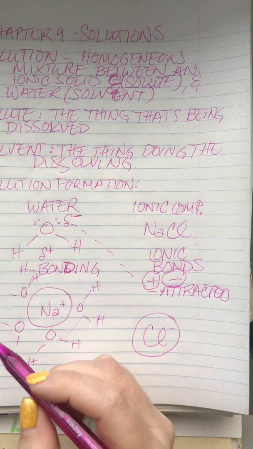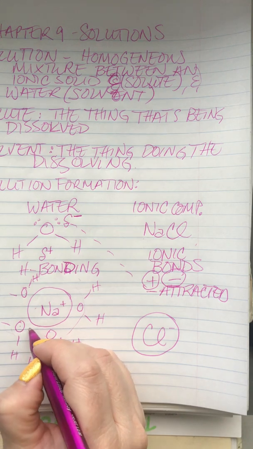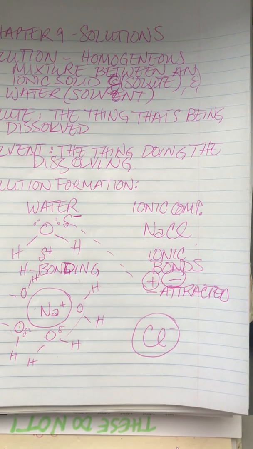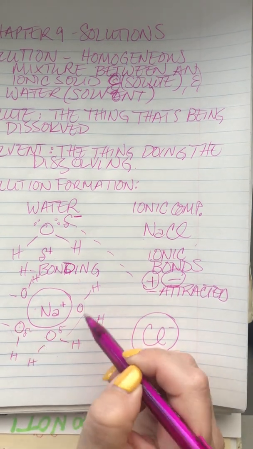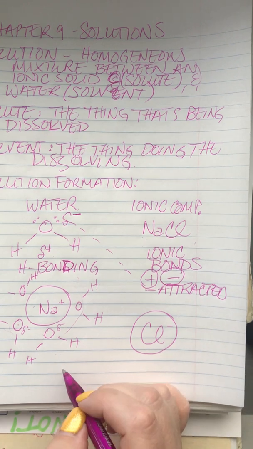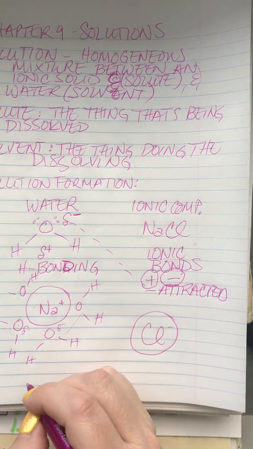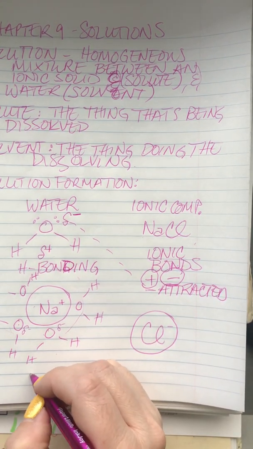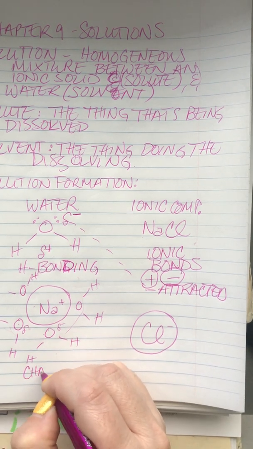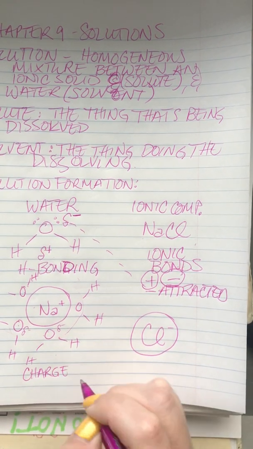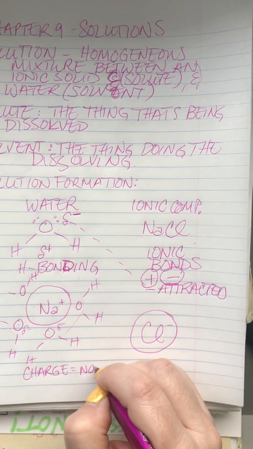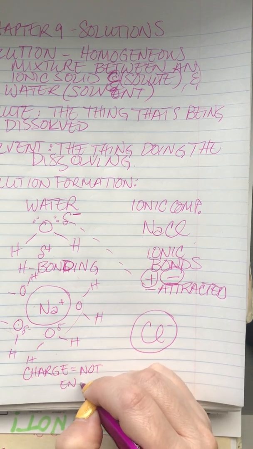Okay, so these partial negative charges are making a kind of negative charge blankie around the positive charge. When we were talking about Lewis structures, one of the things we said was that having lots of charge is not energetically favorable.